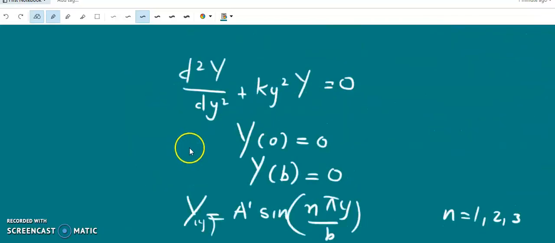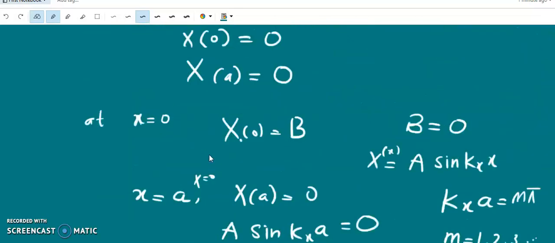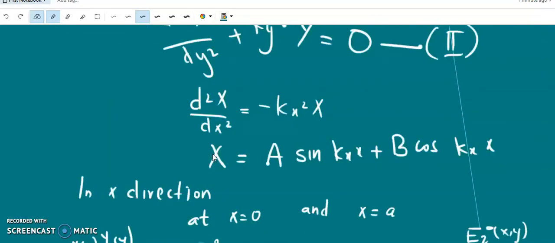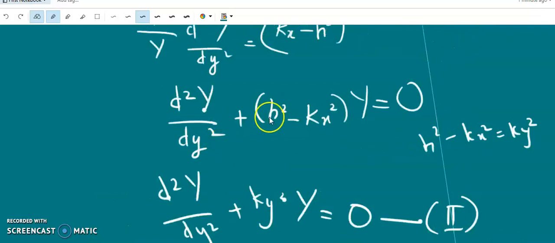And also from this equation we have seen that h square minus kx square is equal to ky square.